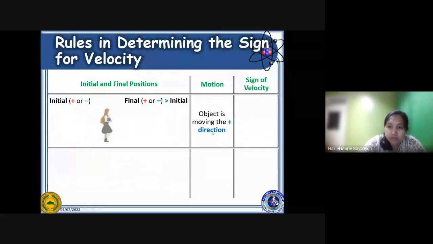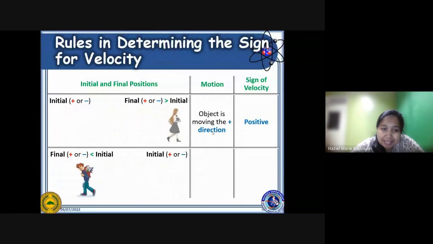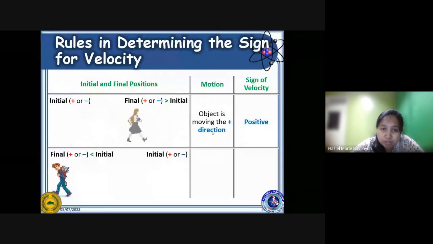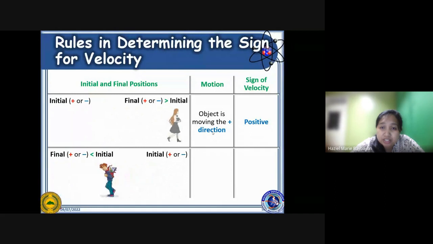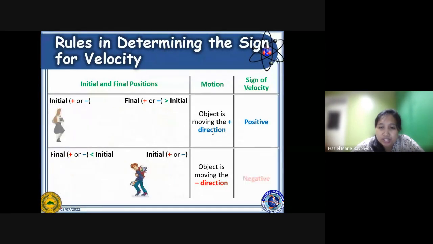So the sign of the velocity is of course positive. And if the final position is lesser compared to the initial position, then the object is moving in the negative direction. The sign of the velocity is negative.